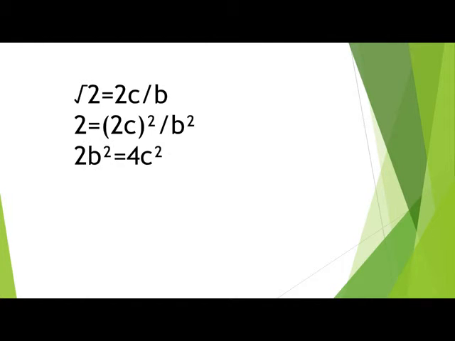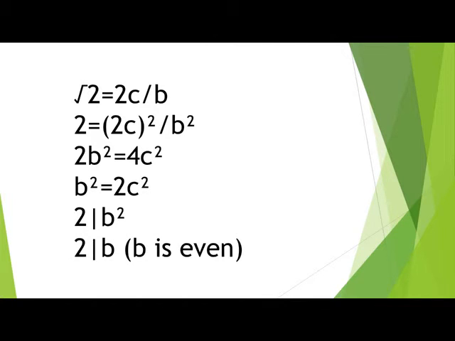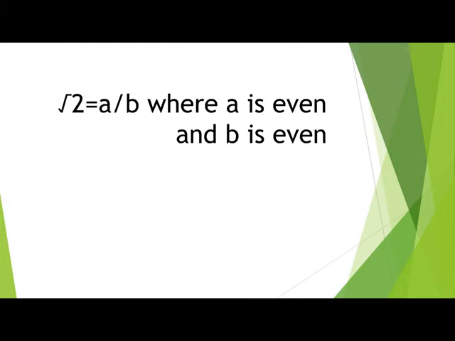We'll make the same simplifications as before and reach a point where we say that b squared is equal to 2c squared. Now, by the same logic as before, we know that 2c squared is clearly an even number, meaning b squared is an even number. And since b squared is even, we know that b is also even. So now we know that the square root of 2 is equal to a over b, where a is even and b is even. But wait, that's not right.